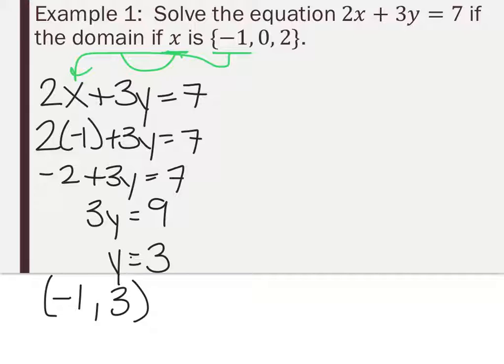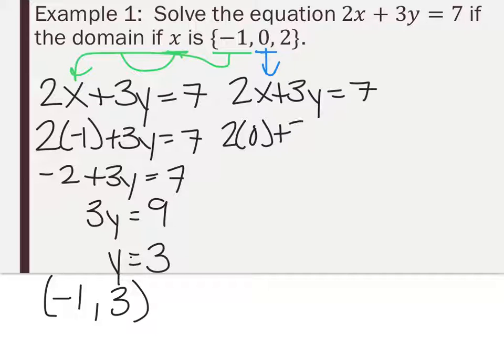Next we're going to do the same thing. So I'm going to take 2x plus 3y equals 7. But this time, the second number it gives me for the domain is 0. So that's what I'm going to plug in. Two times 0 is 0, which just leaves me 3y is equal to 7.